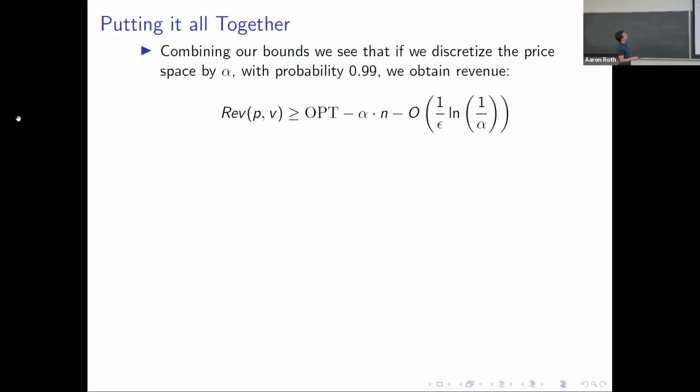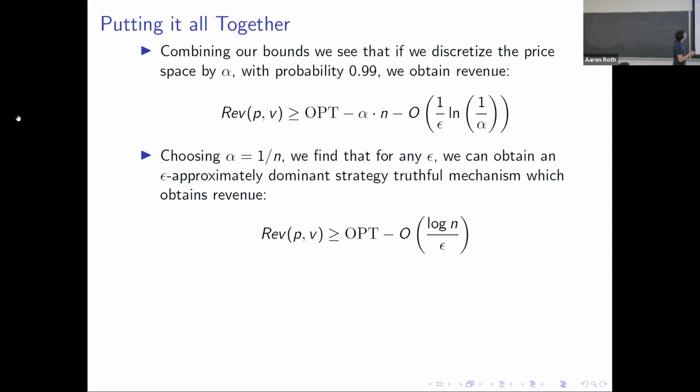And so plugging that in to our bound and optimizing over alpha, we can get that with high probability, like 99% of the time, we've got a mechanism that's able to select a price that gets revenue that is worse than the revenue of the optimal price by at most log n over epsilon, where n is the number of bidders.